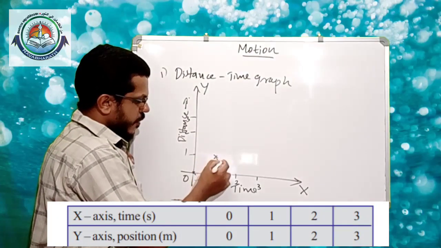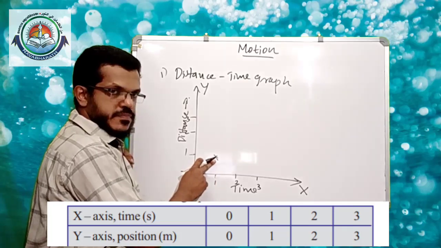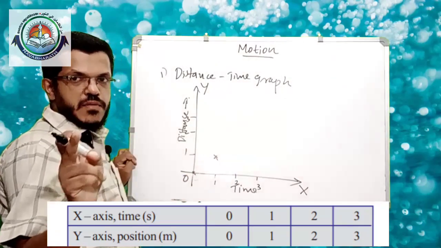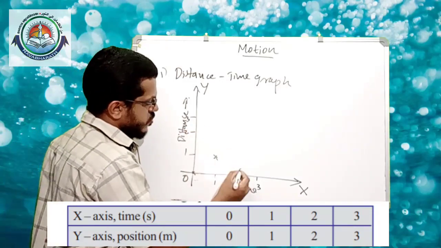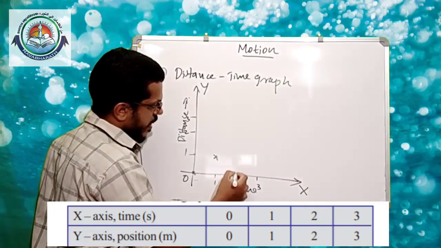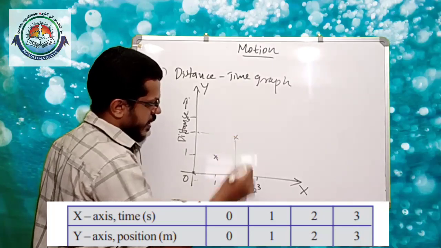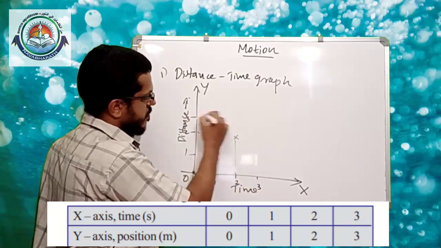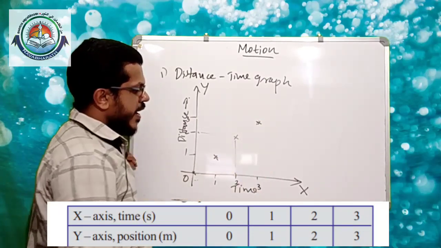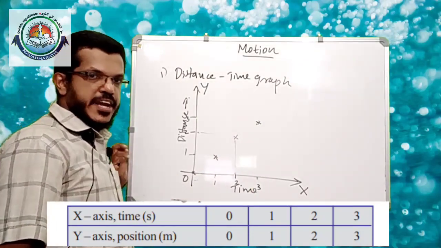Here is the point. We mark the point here. Then for the third value, for time 2, the position is also 2 meters. Here is the value. And the next, for 3, here is the value. If we join these points, we get a line graph.